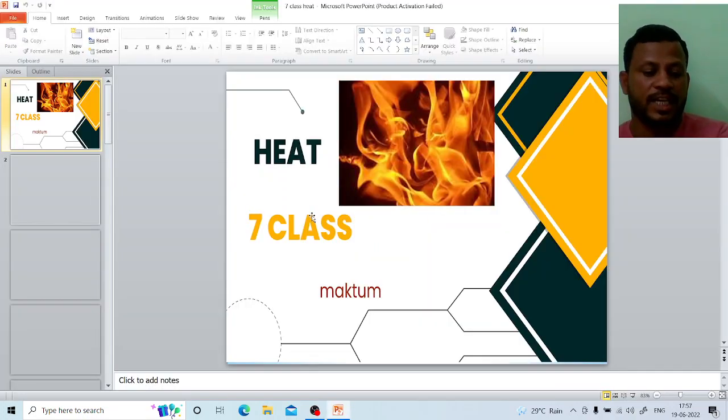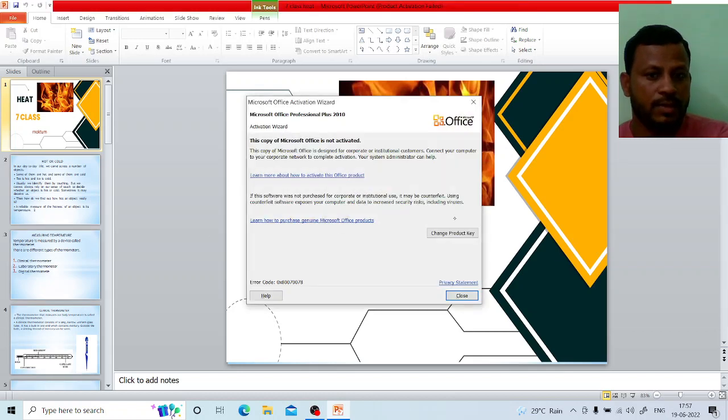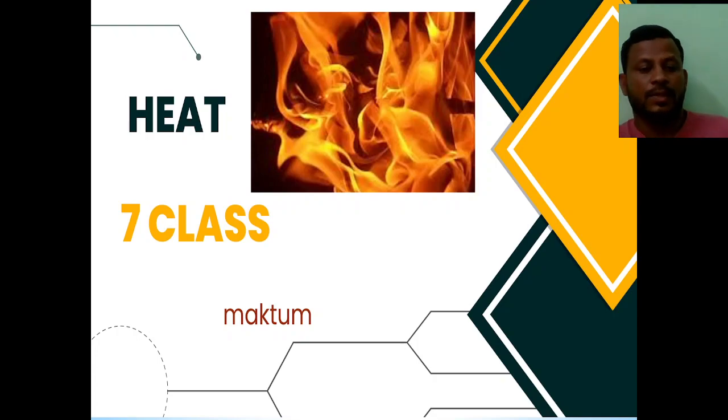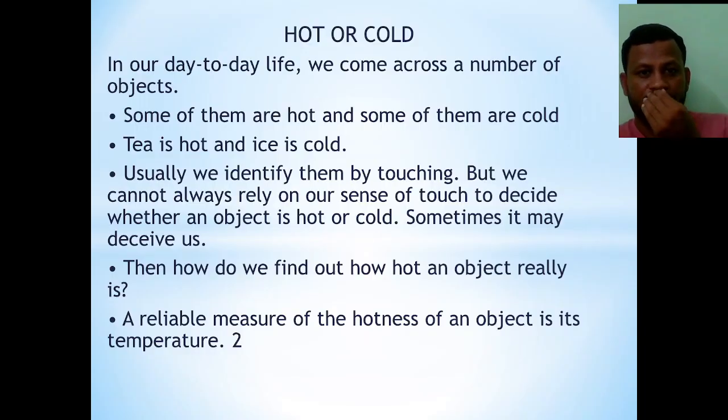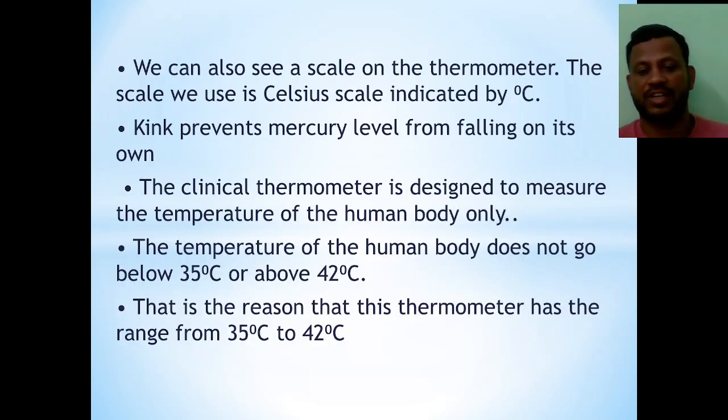There is a scale on the thermometer. Let us see here. Okay, see here, there is a scale on the thermometer, that is 35, 36, 37, 38.